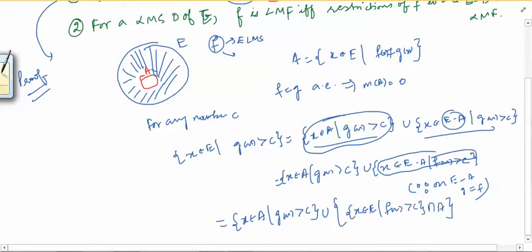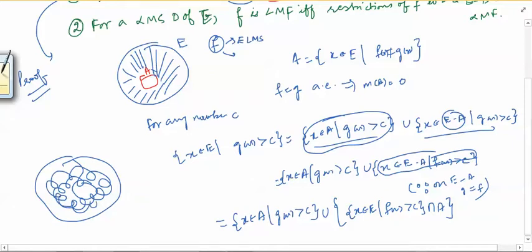So what I am doing, I wanted to look at those points in this set E minus A, the outside part. This part is your A, right? I want to look at the part outside A and find out at which points the function f of x is greater than C. I'm sorry, I have written something wrong here.